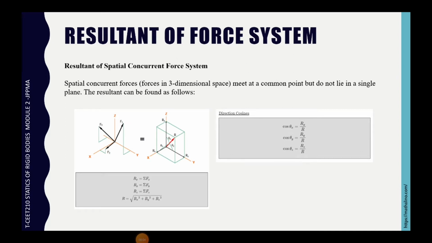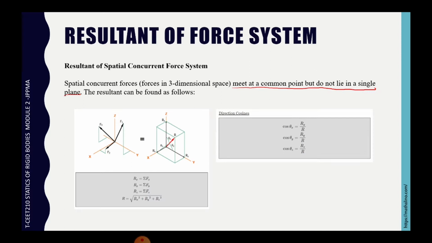And for the spatial concurrent force system, so the spatial concurrent forces meet at a common point but do not lie in a single plane. So unlike for the coplanar, they are lying on the same plane, but for this spatial, they meet at a common point, but they do not lie in a single plane.